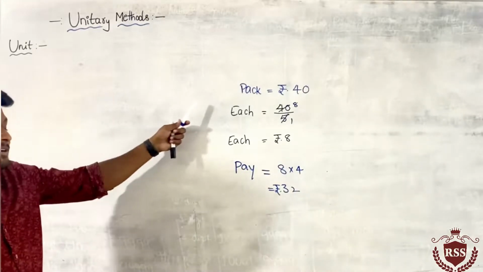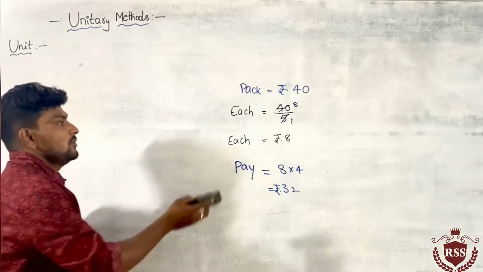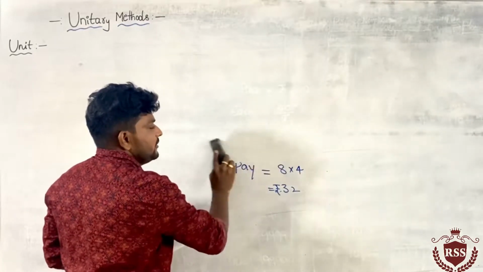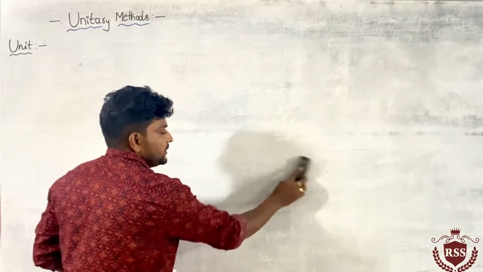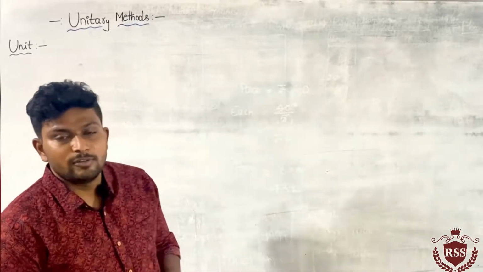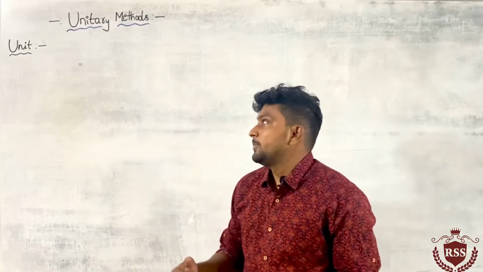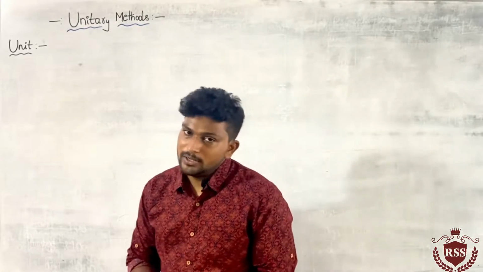This is what will be done in this chapter. From the given group of quantities, we will find the cost of 1 unit. With that 1 unit, we can find the required units.